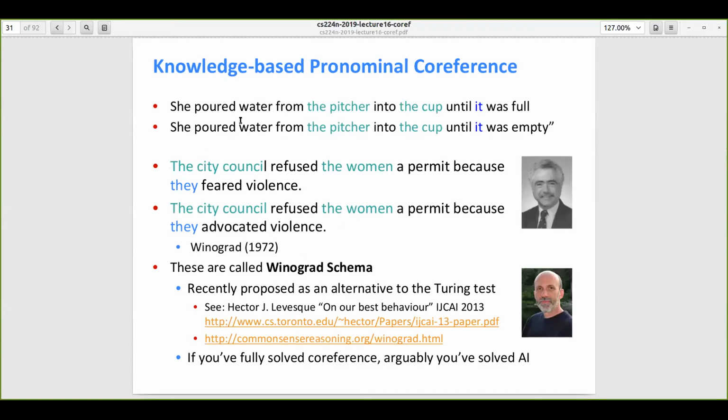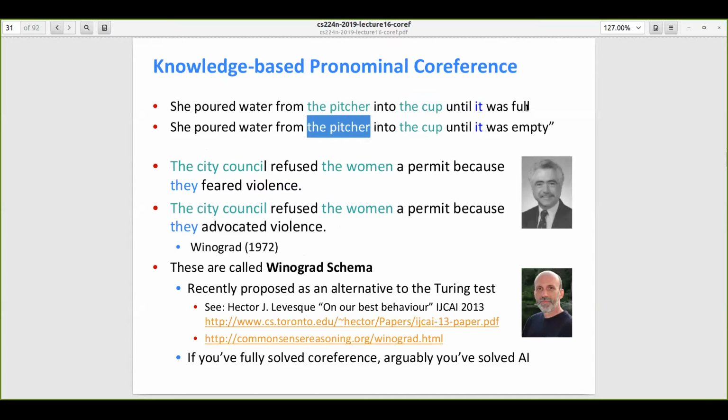When we have an example like this, she poured water from the pitcher into the cup until it was full, the word it in this sentence is referring to the mention the cup. Whereas in the next sentence, which is very similar, she poured water from the pitcher into the cup until it was empty, the word it is referring to the pitcher.